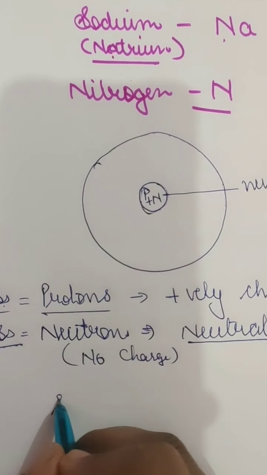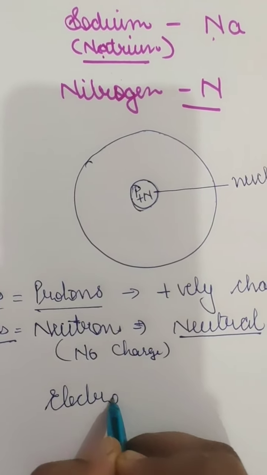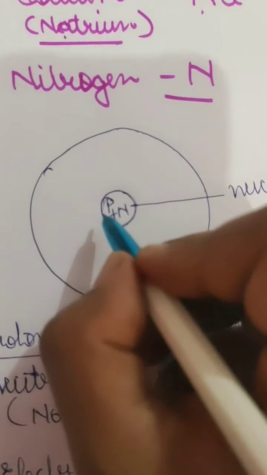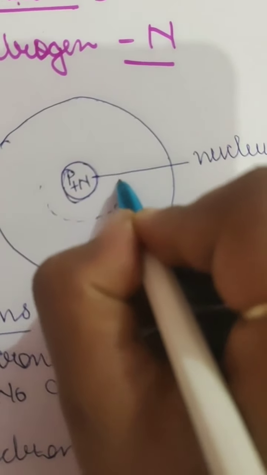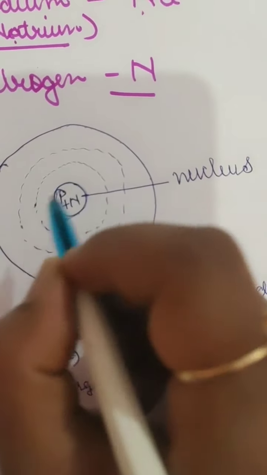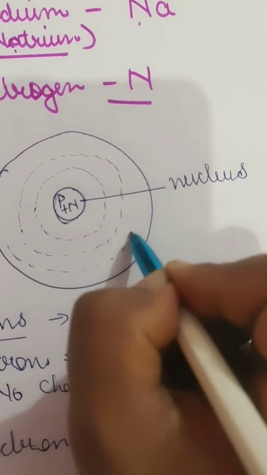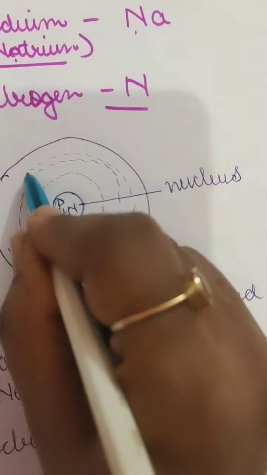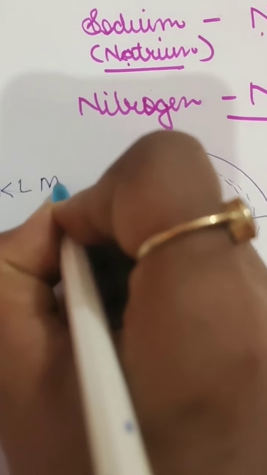Then come the electrons. Electrons reside outside the nucleus, like in the solar system there are orbits and all the planets revolve in their path. So every electron has a fixed path. It has been discovered that there are 4 energy shells, or orbits, called K, L, M and N shell.